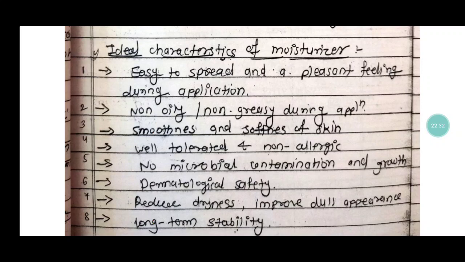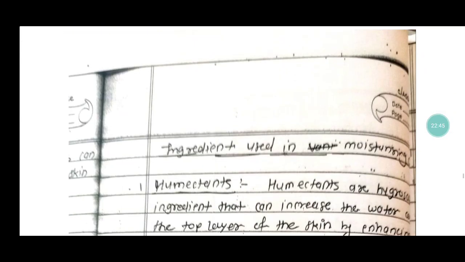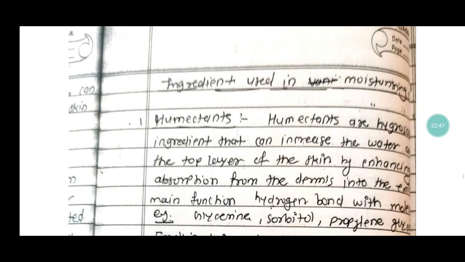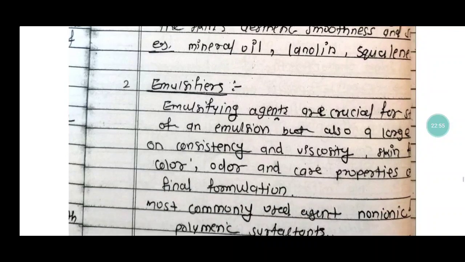Dermatological safety: it should be dermatologist tested, reduce the dryness of the skin and improve dull skin appearance, where long-term stability is needed. The ingredients used for moisturizing cream are humectants and emulsifiers.